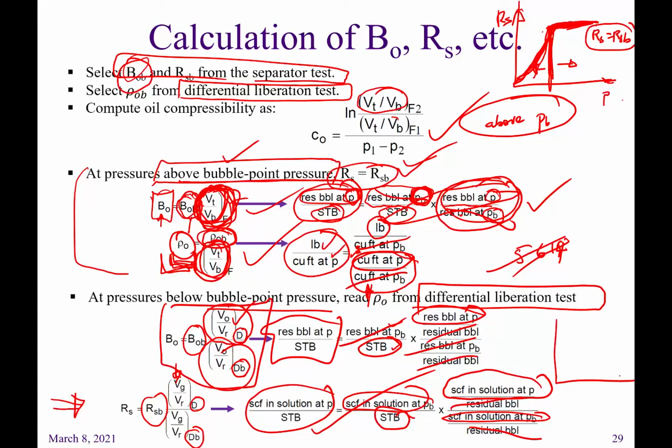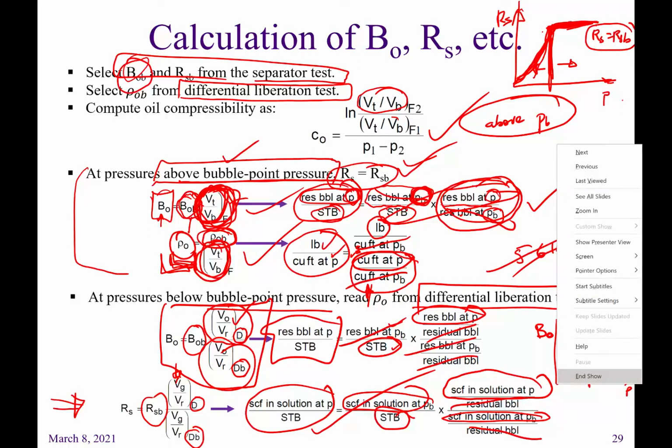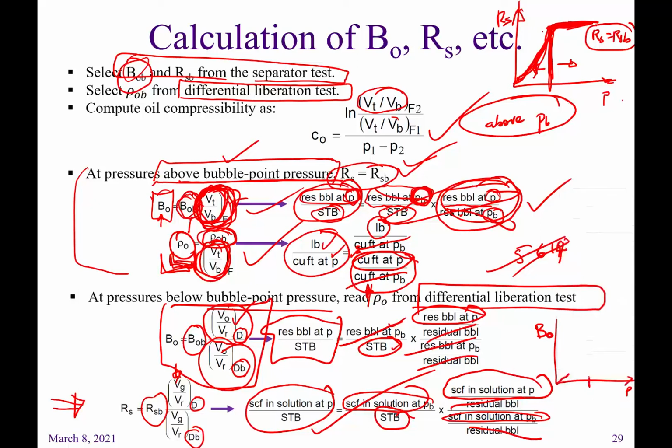So if you have to plot oil formation volume factor against pressure, let's assume PB is right here. So below PB, this is PB. Below PB, this part comes from where?